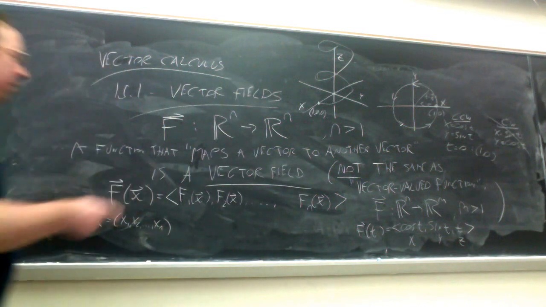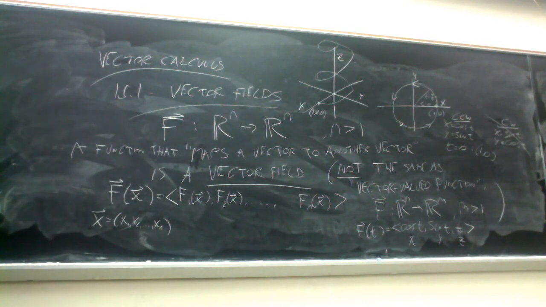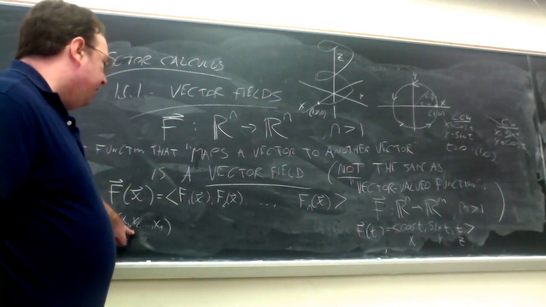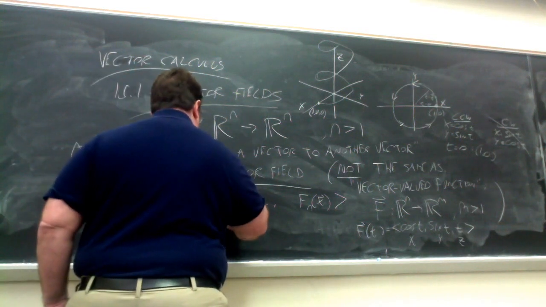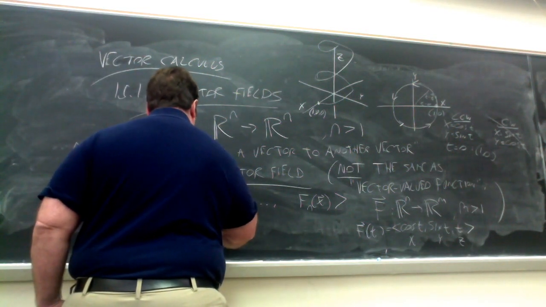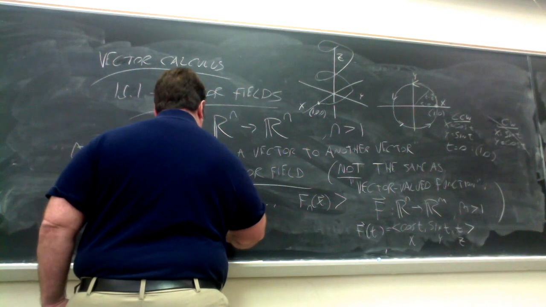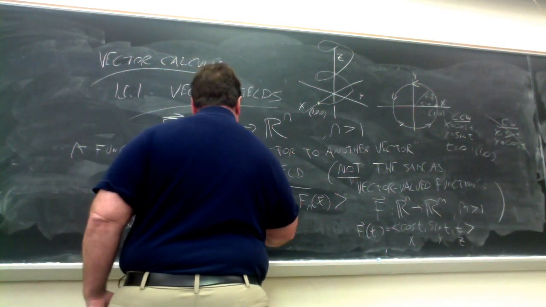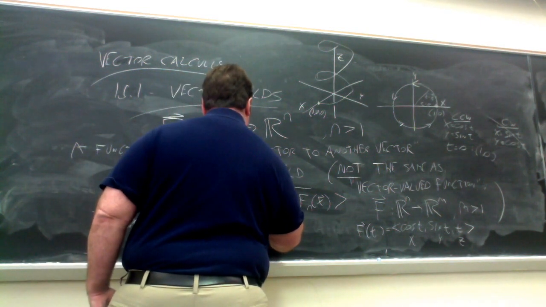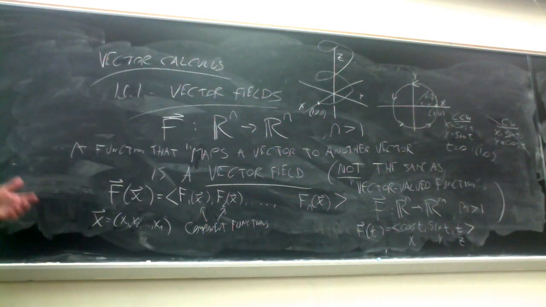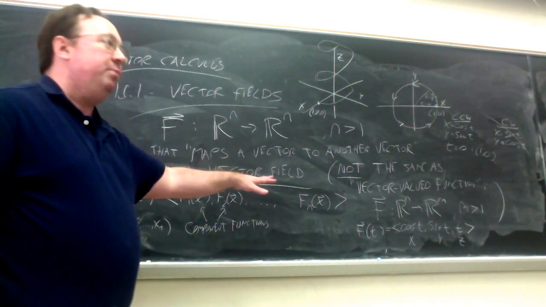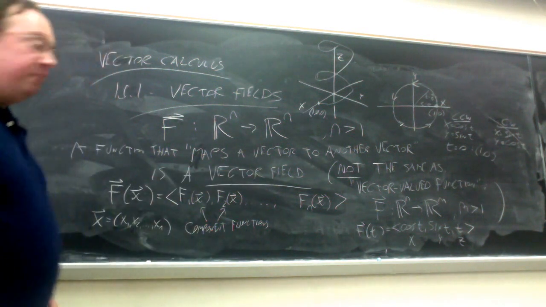So each component of f of x is a function of these same n variables, and these are called component functions. Because for each x, you plug in a specific x, you're going to get a vector of n components, so that's why we call these component functions.